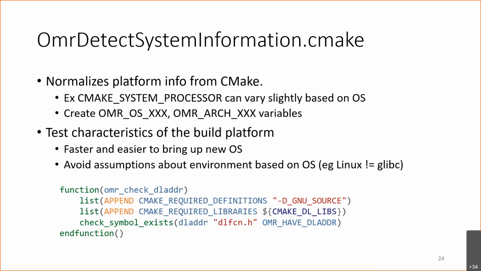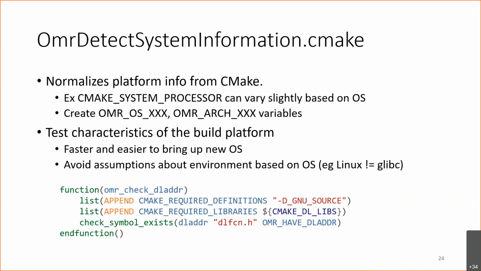Why might you do this? First of all, it's faster and easier to bring up a new OS, because presumably if we have all our behavior gated like this, it will just check and choose the appropriate code to use based on the particulars of the platform we're building on. And secondly, we can avoid some assumptions about the environment based on the OS.